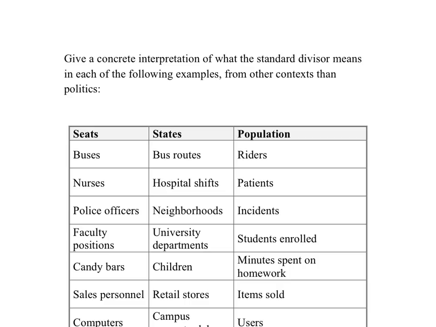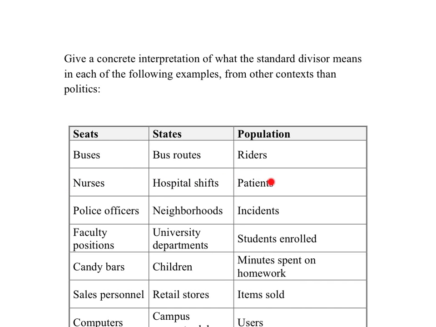At the end of the last video, we saw the general pattern for interpreting what standard divisor means concretely in each of these various examples from real life. So standard divisor, in the context of allocating buses to bus routes based on riders, meant the average number of riders per bus.